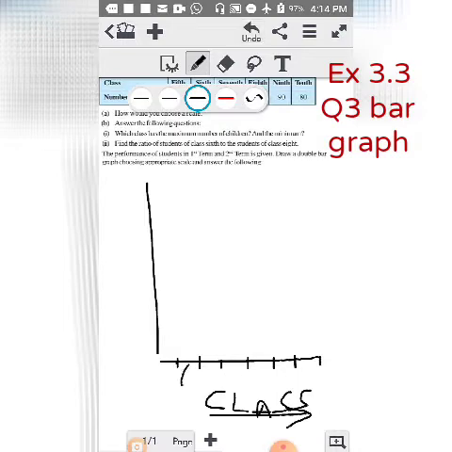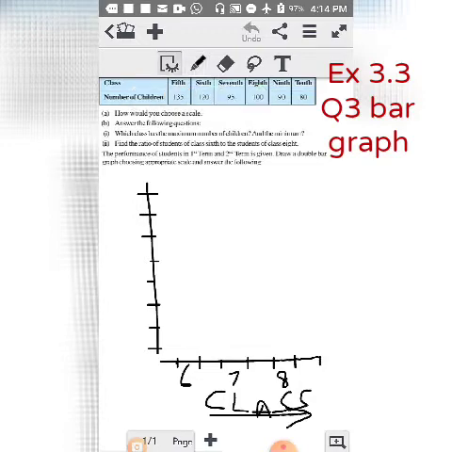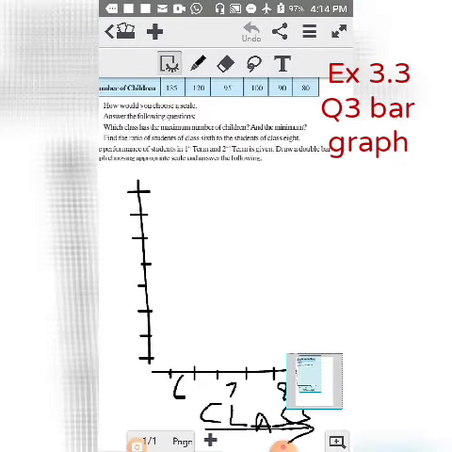So class 6, class 7, class 8 will be written here, and here we will make equal divisions. Now these divisions are easy because you will make them according to your graph paper.